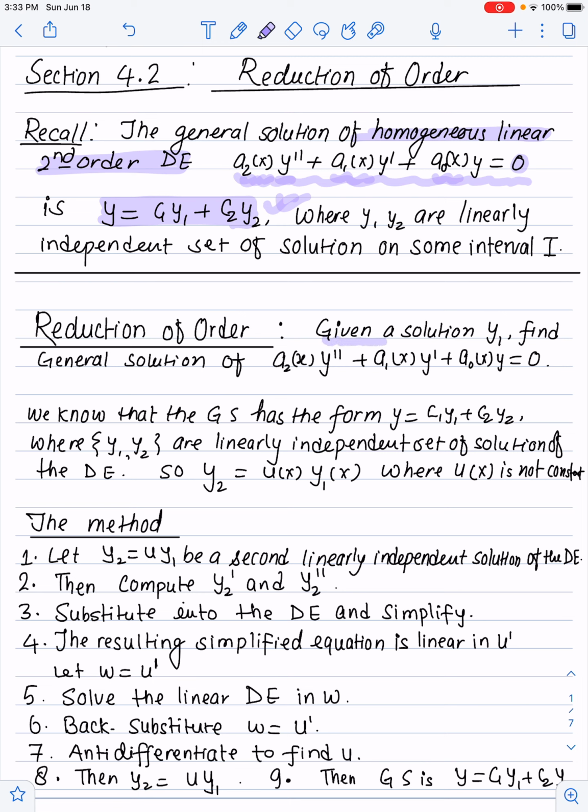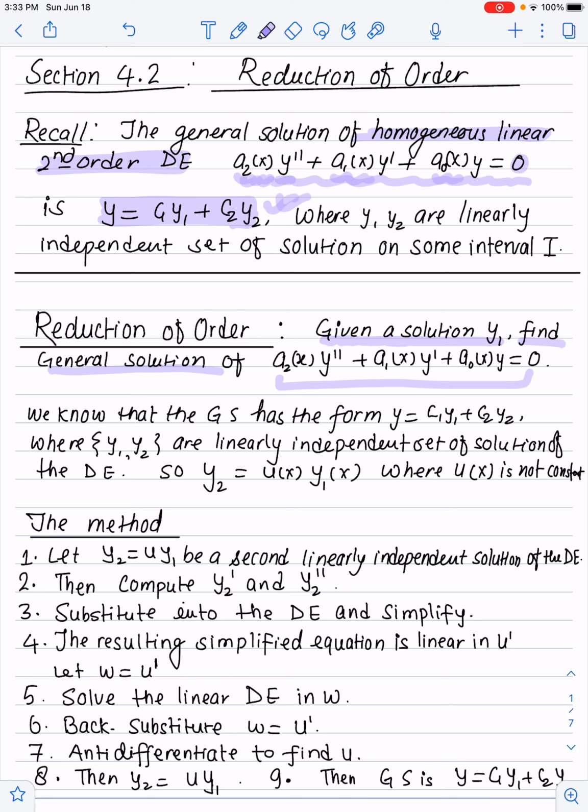So for example here we have the reduction of order method. Given a solution y1, we want to find the general solution of this homogeneous linear second order differential equation. So what is the method of reduction of order to solve this differential equation?